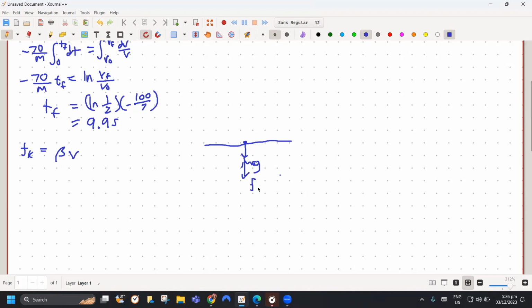So, pag moving upward, ganyan yung direction ng FK. May two cases yan eh.